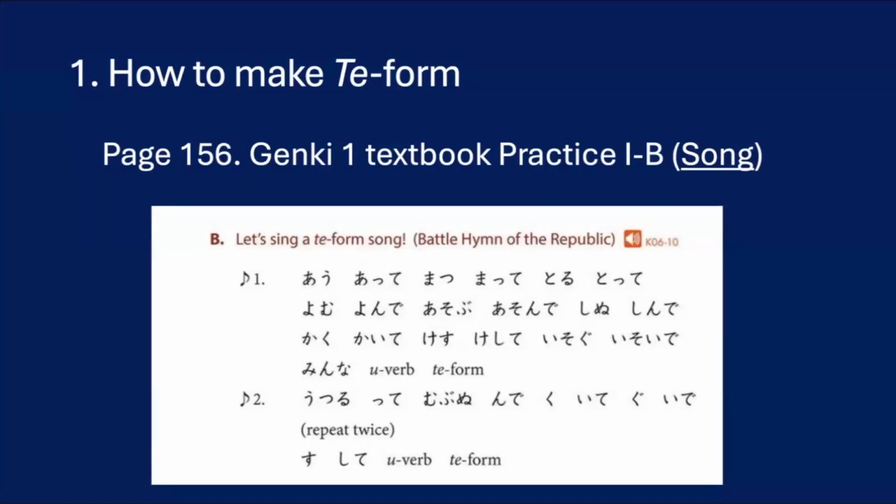And also, if you memorize this, I think it'll be a little bit easier than just memorizing this without any melody. So I hope you will make use of this and listen to the song and sing along. And hopefully you can sing this by yourself without looking at it. And that'll help you come up with a te form.